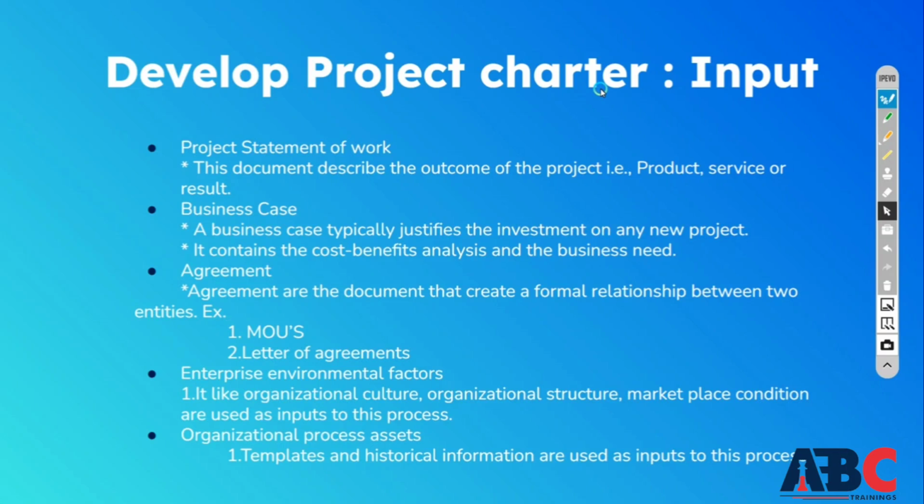After that, next come the enterprise environmental factors, which we discussed in the previous video, which influence the organization's culture, organization structure or marketplace conditions. After that comes the organization process asset, OPA, which has different templates and historical information, which we also saw in the previous video.